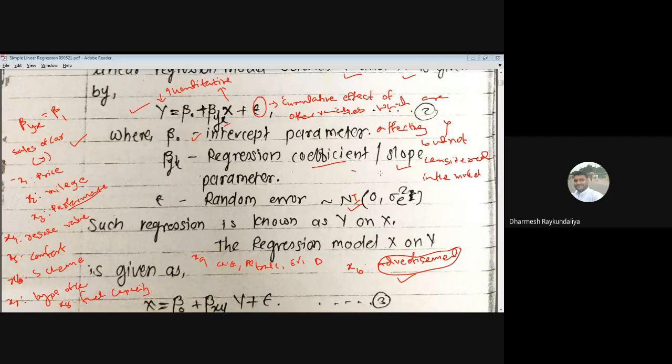So epsilon is the cumulative effect of other variables like price, mileage, performance, which we have not considered in our model. We have only considered the advertisement expenditure. So what we do is try to minimize the effect of epsilon so that we can get the best estimate of the impact of advertisement expenditure on the sales of a car.